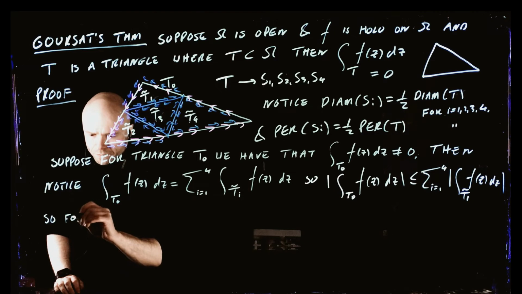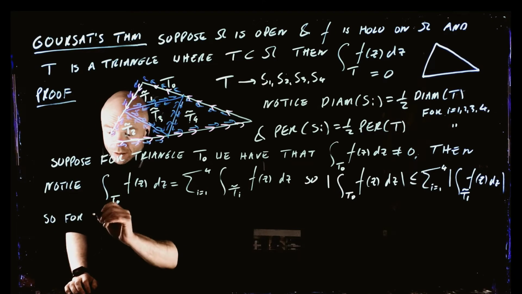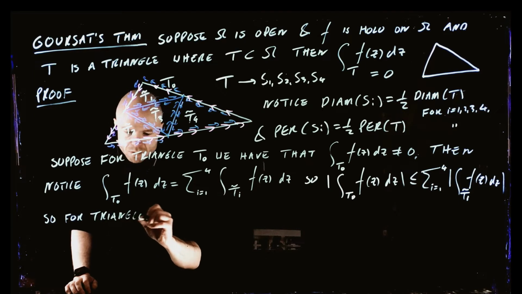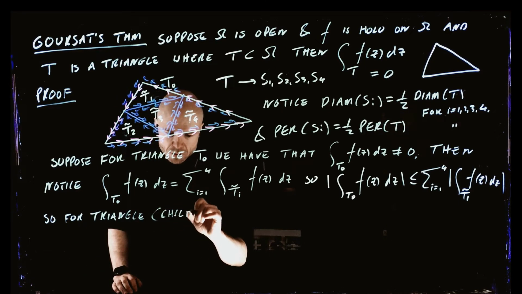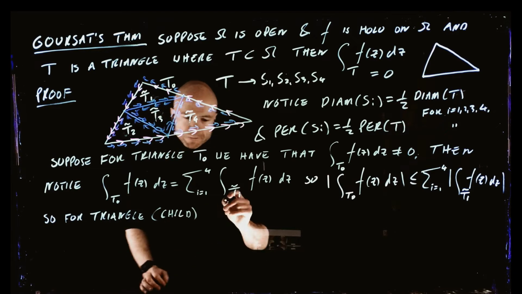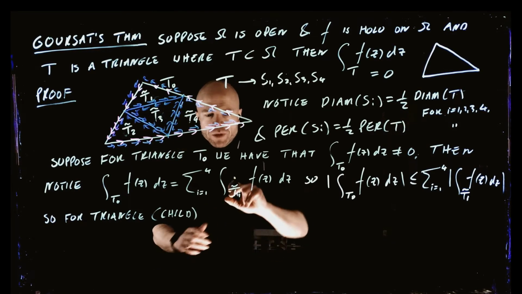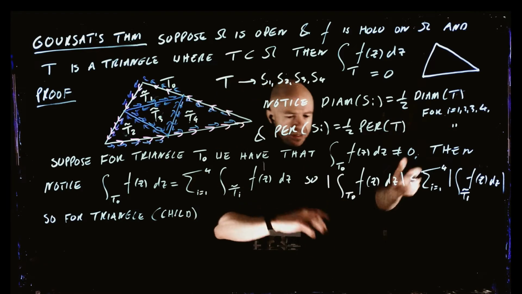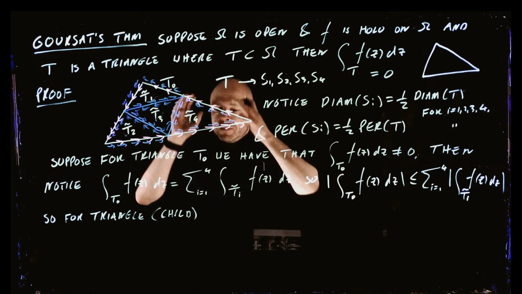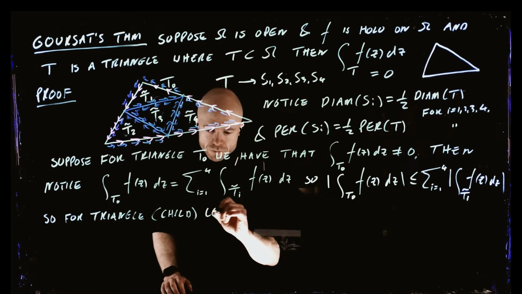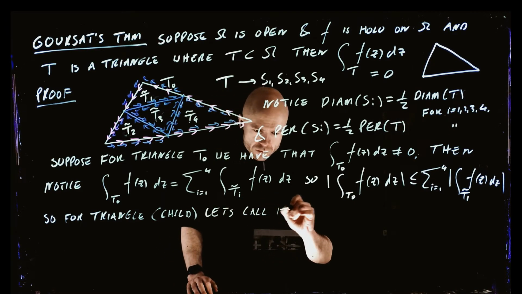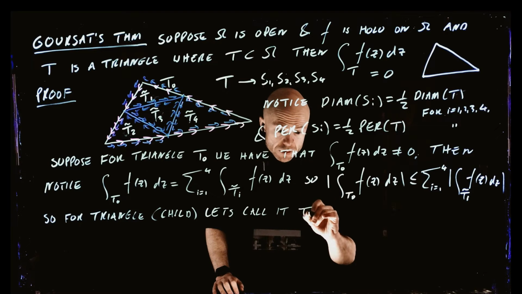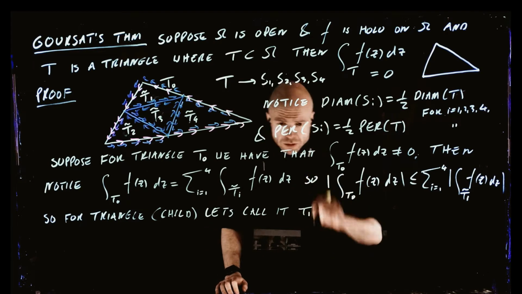So for one triangle, or for one child, it could be T tilde 1, T tilde 2, T tilde 3, T tilde 4. We don't know, we don't care. But one of them, let's call it T1, not with a tilde, now we call it T1.